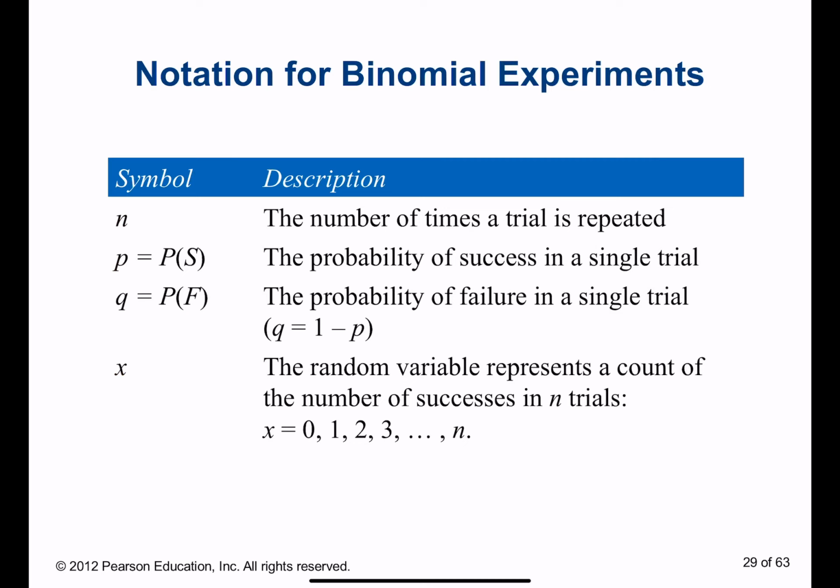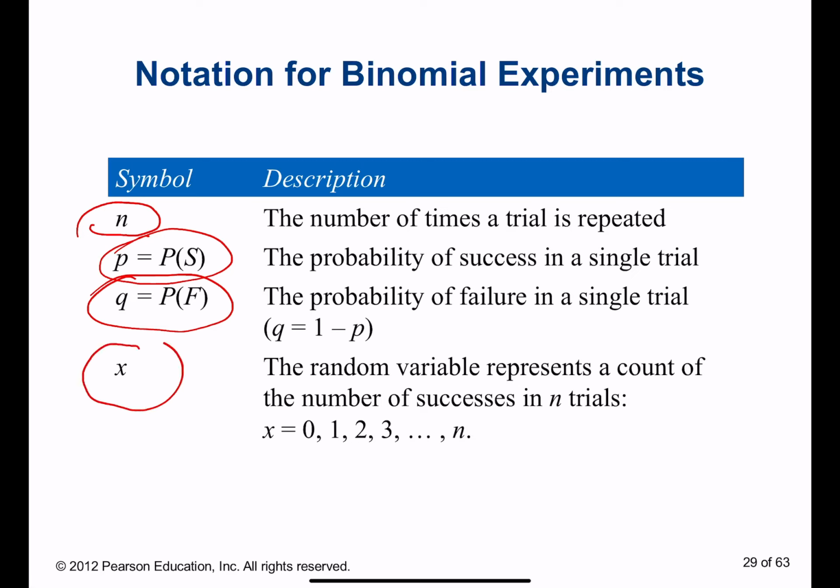So now notation. N is the total number of trials. I went to the beach 5 days, so N will be equal to 5. For probability of success, there is a 70% chance I will see dolphins. That means a 30% probability of failure, a chance that I won't see dolphins.